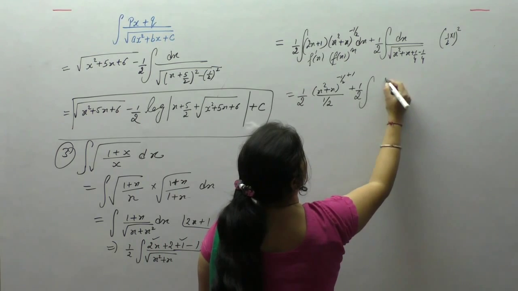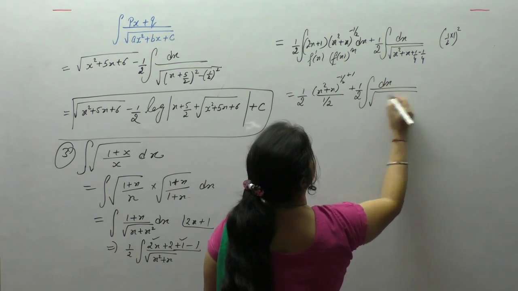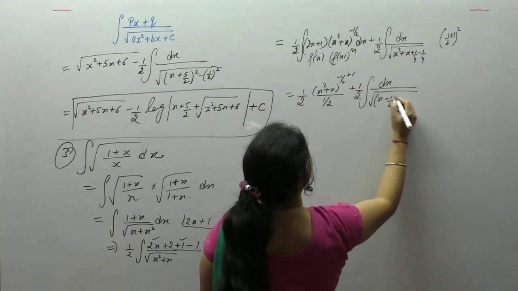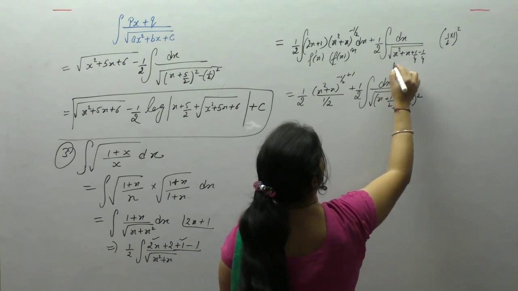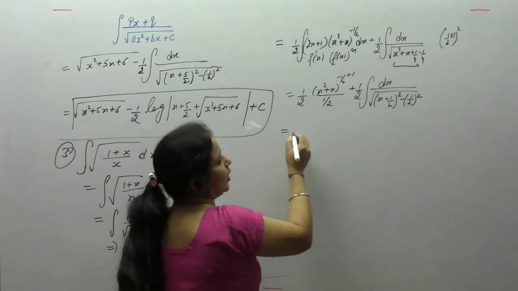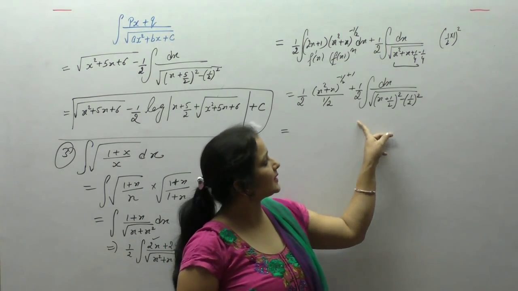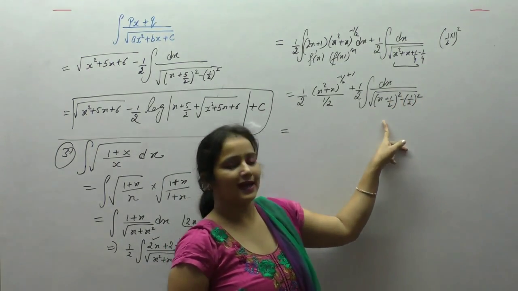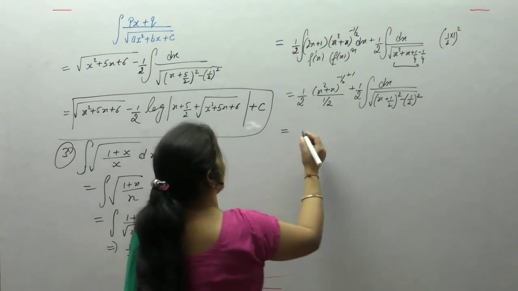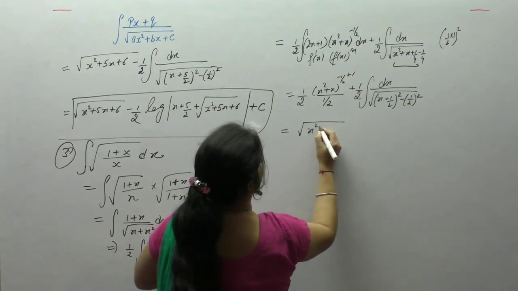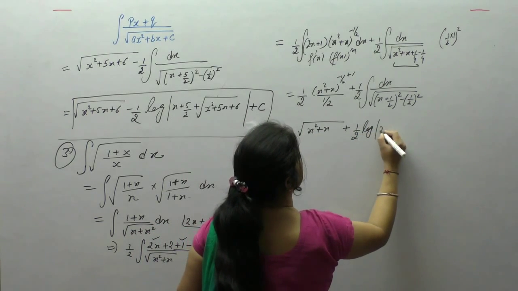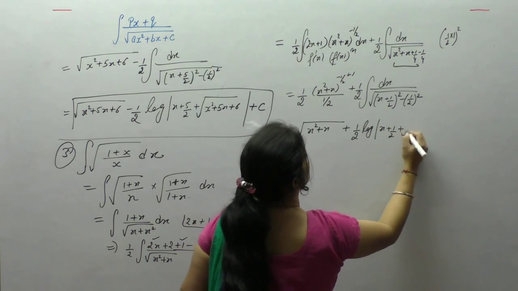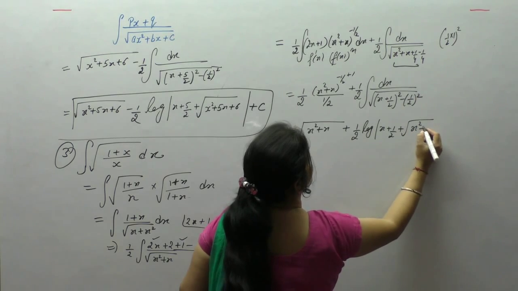Then 1 by 2 integral of x plus 1 by 2 whole square minus 1 by 2 whole square. Complete the square. Now again apply the formula: integral of 1 upon square root of x square minus a square is log of x plus square root of x square minus a square.